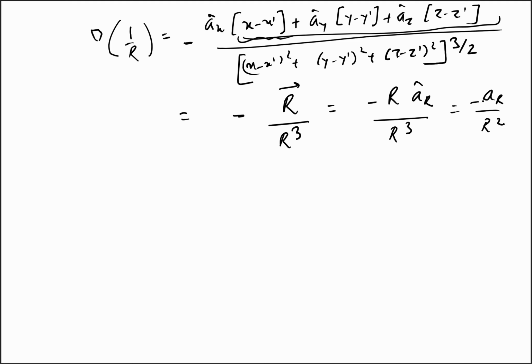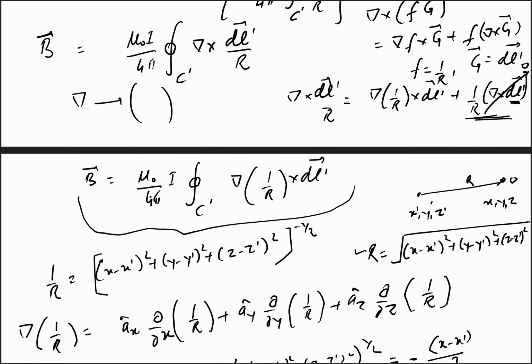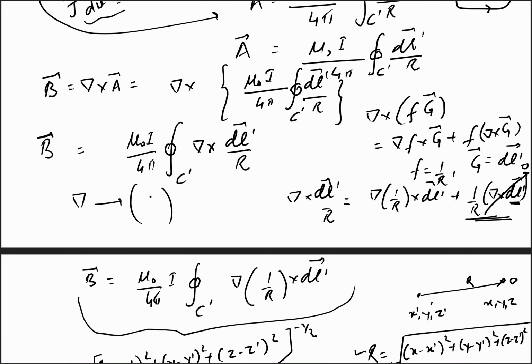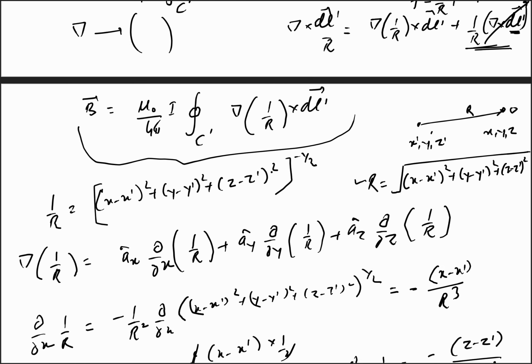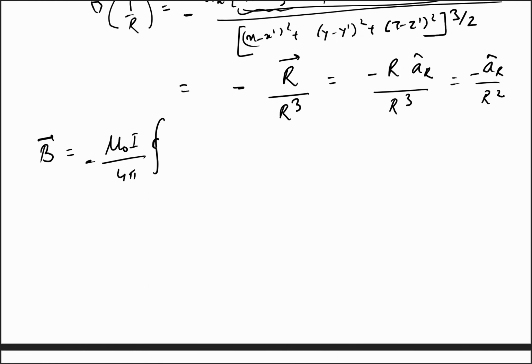So you see now that B is simply mu naught I over 4 pi, where it is del cross dl dash by r, so it will be minus mu naught I over 4 pi over the full curve C dash of ar by r square cross dl dash.